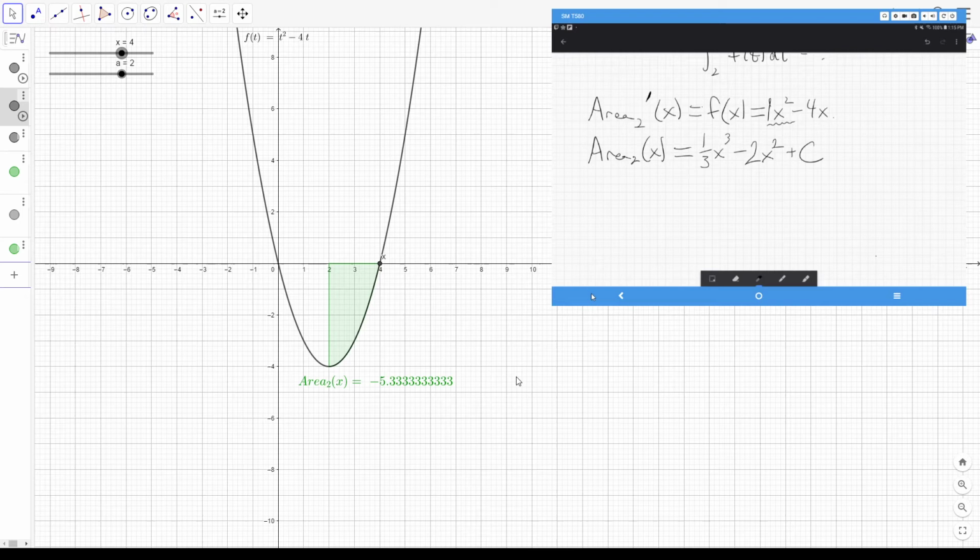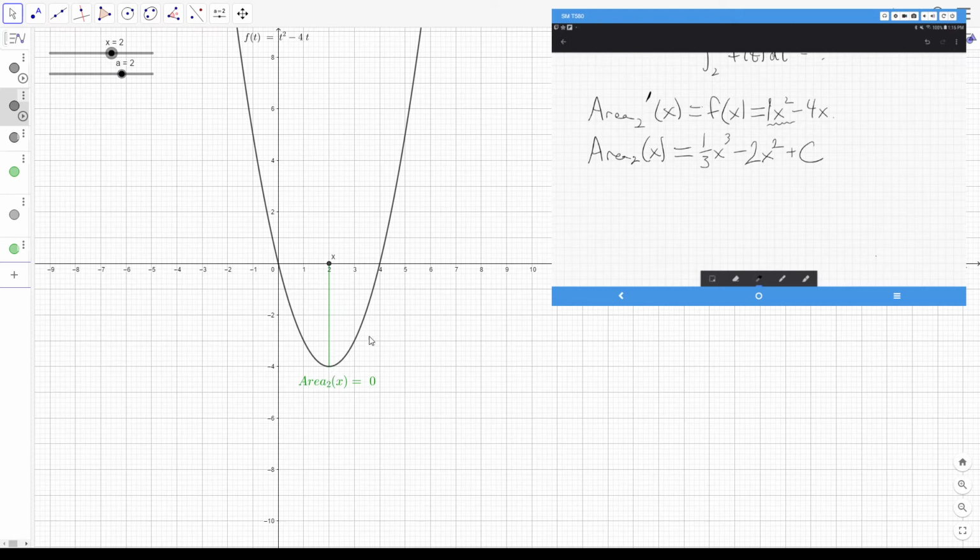Well, we know, based on the graph we're looking at, that when x is equal to 2, let's think about that. When x is equal to 2, we know that the area is 0, because we're calculating the area between a equals 2 and x equals 2. We're looking at the area of that sliver. It's just a one-dimensional line segment. It has no area.